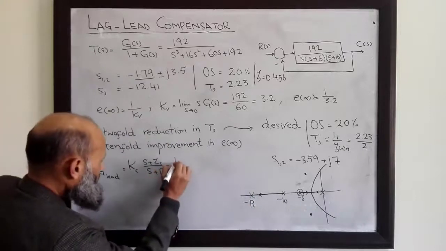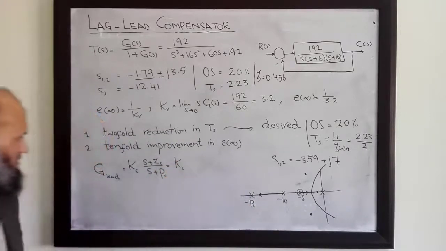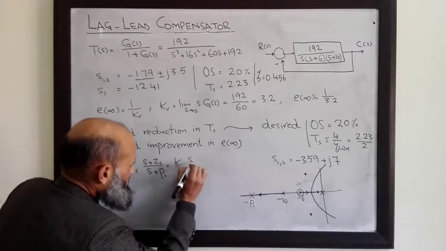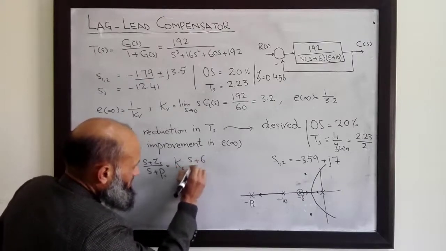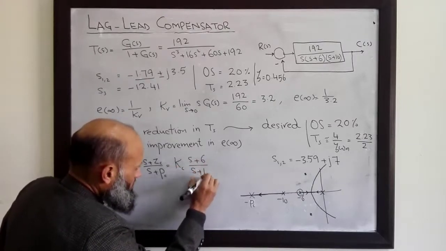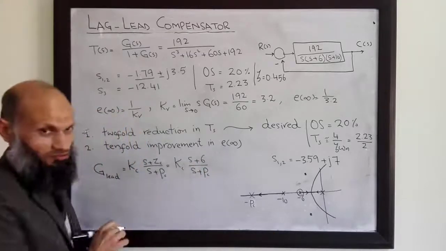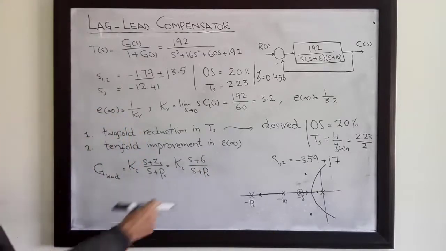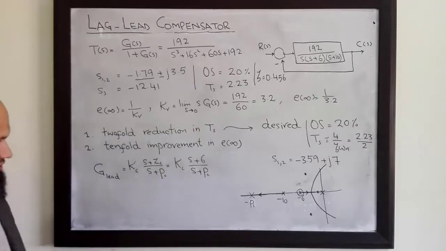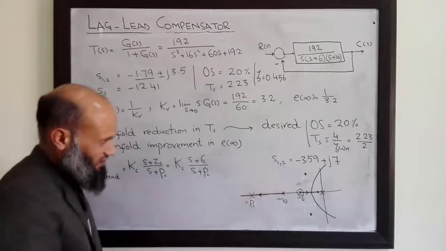Therefore, we have selected Zc as plus 6, and we are required to determine the location of the pole. The location of the pole will be selected such that the angle condition is satisfied.